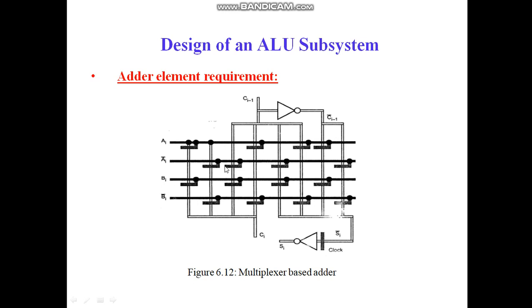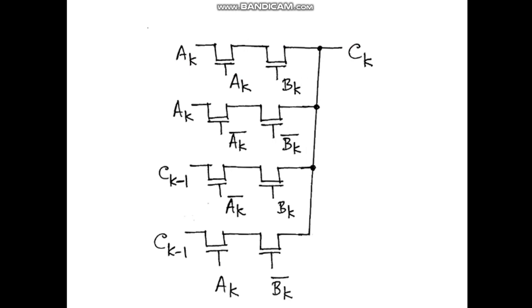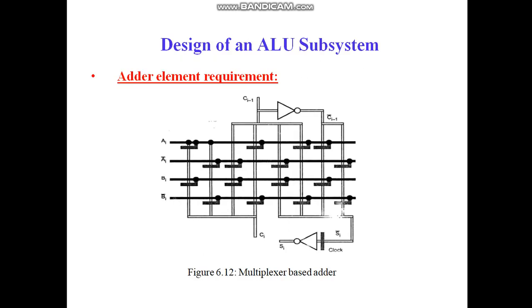Now the next condition, when AK and BK are different, that is 0 and 1, look into the next diffusion paths, AK and BK bar. We can see that CK is same as CK minus 1. That's what we find in the circuit.